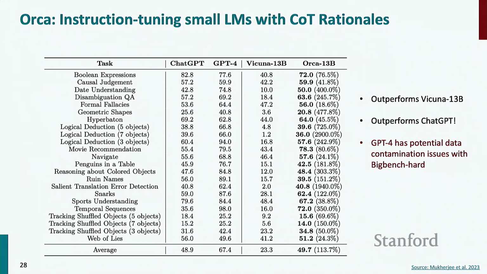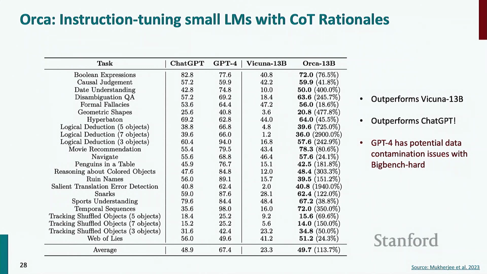On the left, we have performance from really large language models. This is zero-shot chain of thought with just the prompt, let's think step by step. GPT-4 has some potential contamination issues with Big Bench Hard, so maybe we can ignore that column. Vicuna is, I think, a few months ago it was state of the art as an instruction-tuned Llama 13B model.